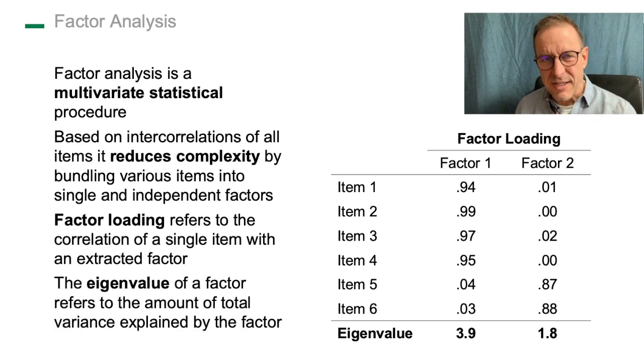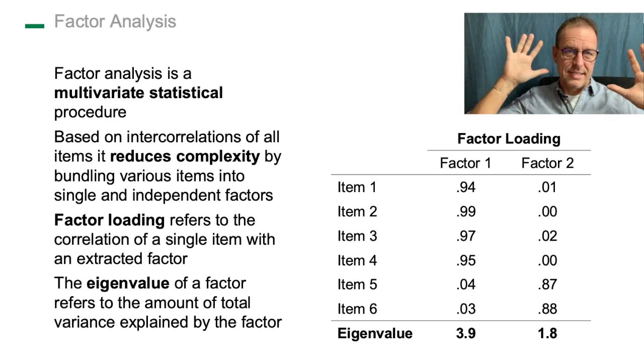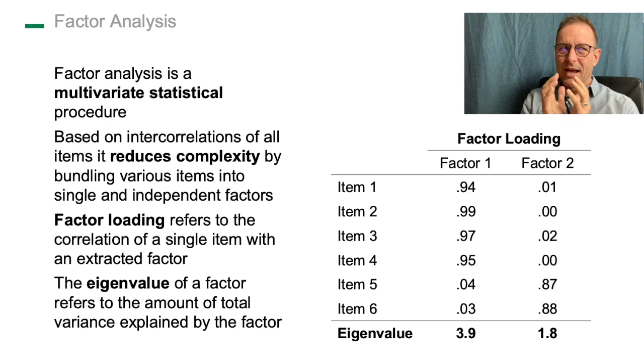The eigenvalue tells you the extent to which a factor explains variance in the total data set. The eigenvalue tells you how much variance of how many items that factor explains.